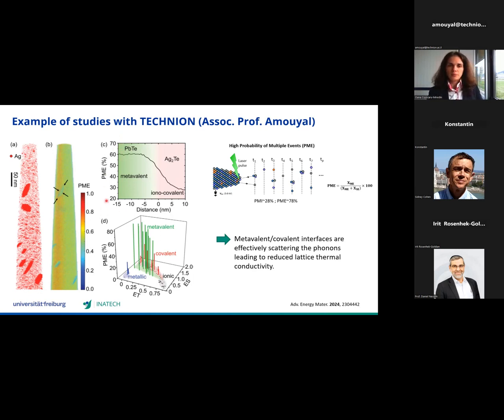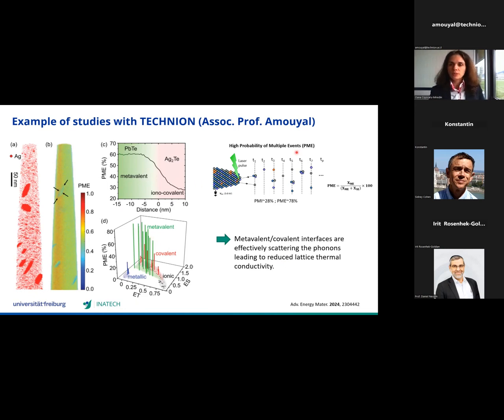High PME was not only observed for PbTe, but for many, many material classes, and I encourage you to read this article. There are many materials which contain these high PME values. These materials are not only used as thermoelectrics, but also as phase change materials, because there you need a very quick transition between metavalent and covalent bonding, between crystalline and amorphous states.